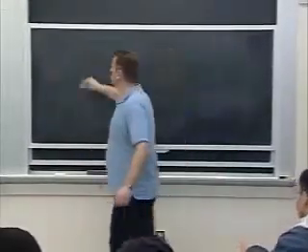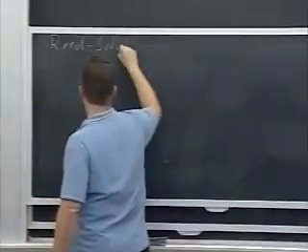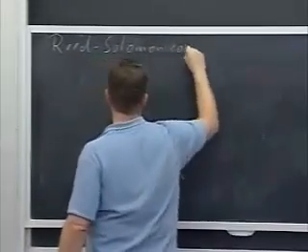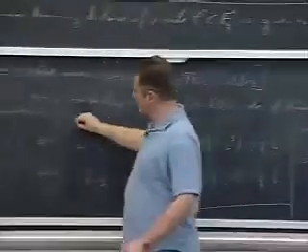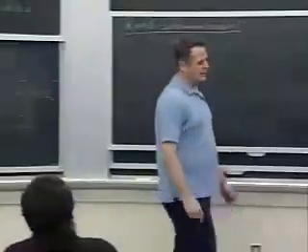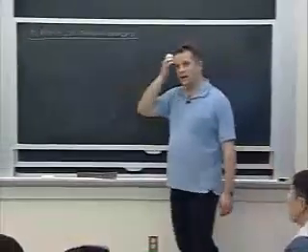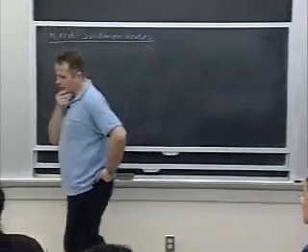Reed-Solomon codes cover this case. They are examples of codes which satisfy this with equality. Okay, so how do we define Reed-Solomon codes?